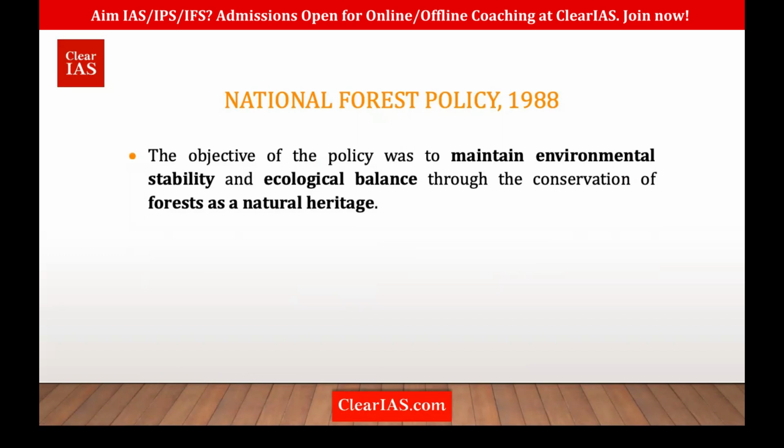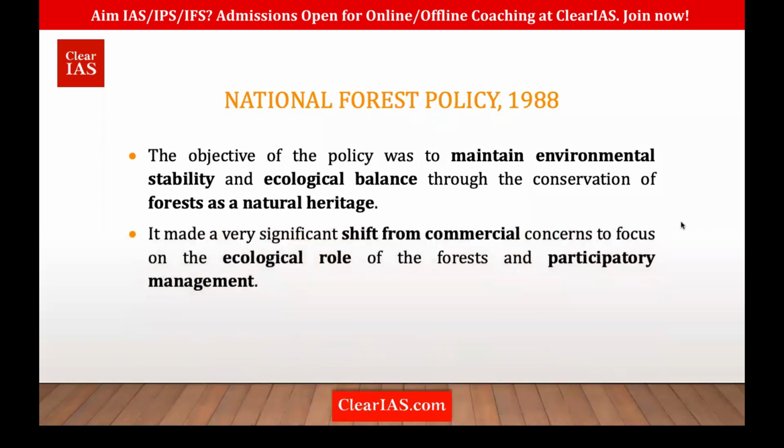That is, we're trying to conserve the forest. The basic objective of this policy was to maintain environmental stability and ecological balance, especially in the forests, and to consider the forest as natural landscape and national heritage. Remember this.